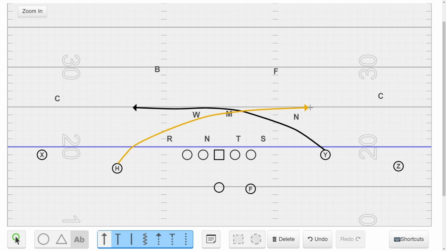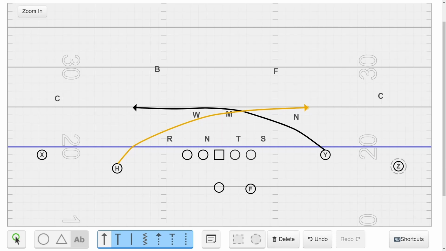Okay, and he wants to get as tight underneath the Y's route as possible. The Y is always going to set the top of the mesh. So if for any reason he gets pushed down, the H needs to compensate and get under the route. Okay, so this mesh right here between these two players is the core of the concept.